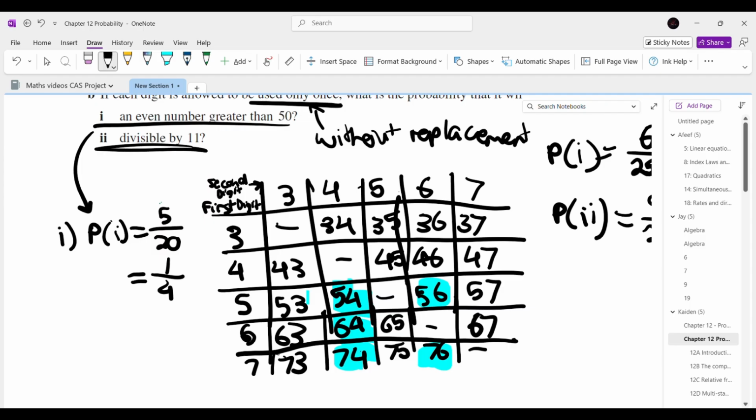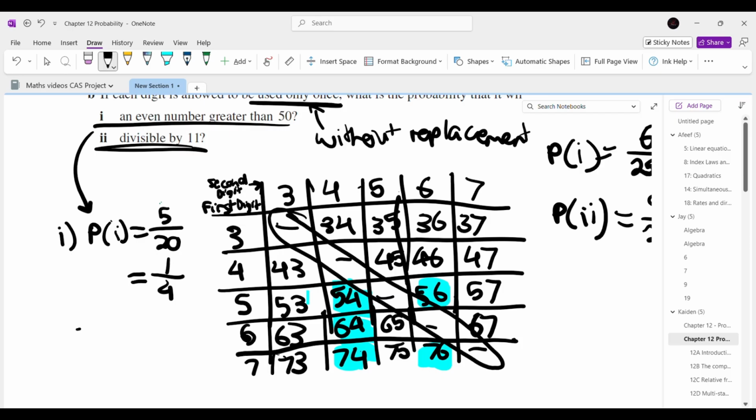Now, divisible by 11, as you can see here, the only numbers that are divisible by 11 were the ones in this replacement band right here, because 33, 44, 55, 66, and 77, they were all divisible by 11, but none of these numbers can be formed without replacement, as the digits cannot repeat twice.